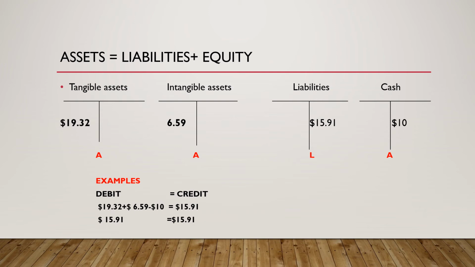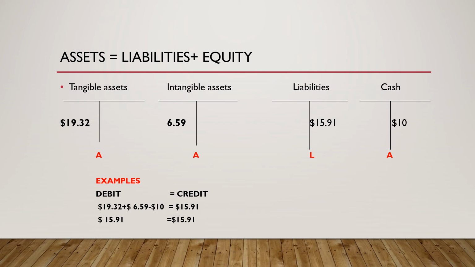The increase in the asset accounts is $19.32 million plus $6.59 million minus $10 million, equal to $15.91 million. The increased liability account is also $15.91 million. So this journal entry complies with the accounting equation: assets equal liability plus equity.